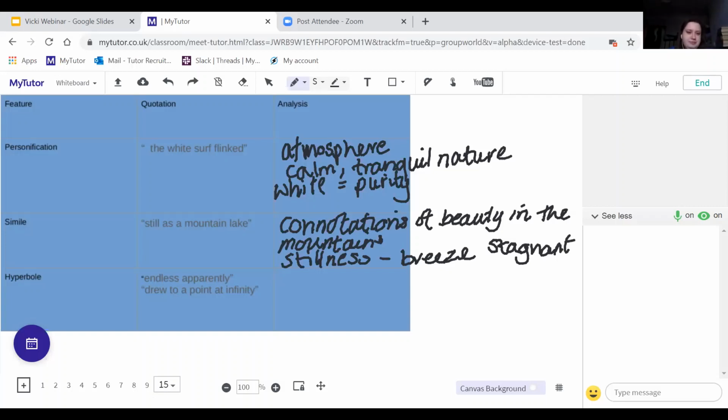Fabulous. Right. Hyperbole then. Endless apparently, and drew to a point of infinity. What can we say about that one? Boys are trapped, yeah. Endless, hopeless, I like that.